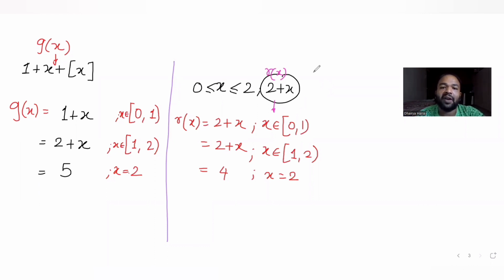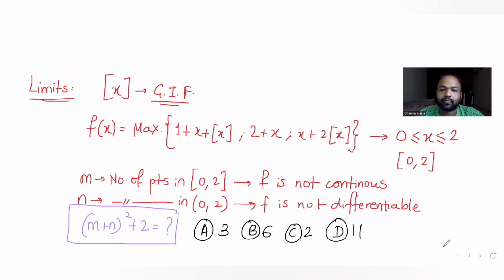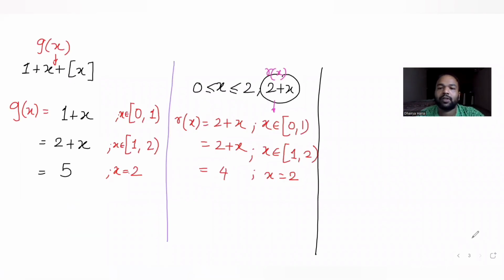And the third function given to me is x plus 2 times the greatest integer function. Let's say this is h of x. So what does h of x become now?